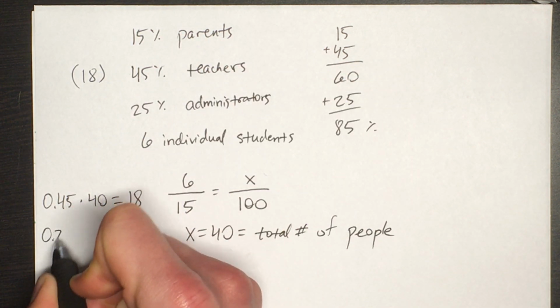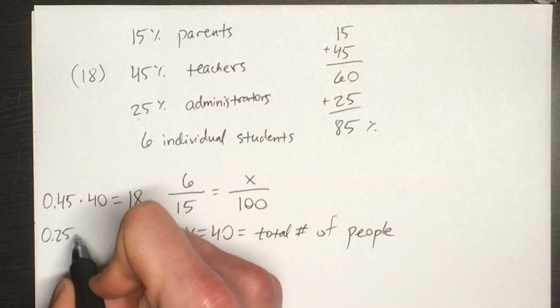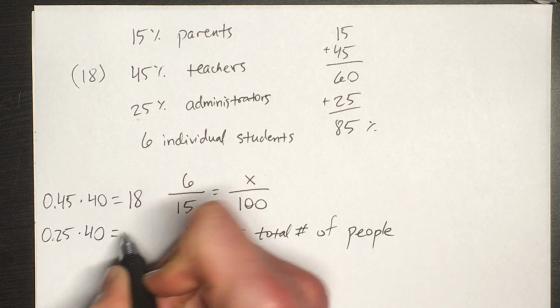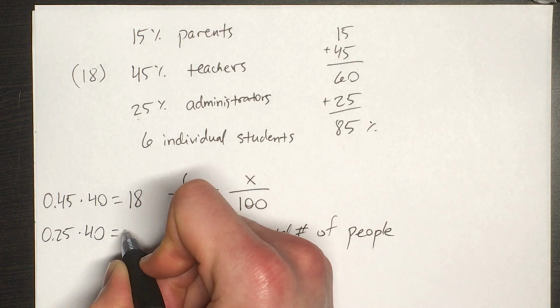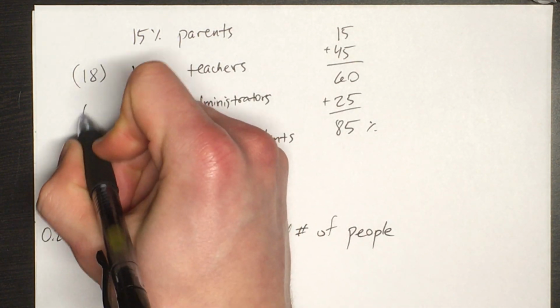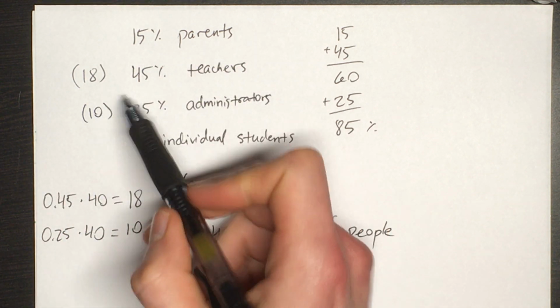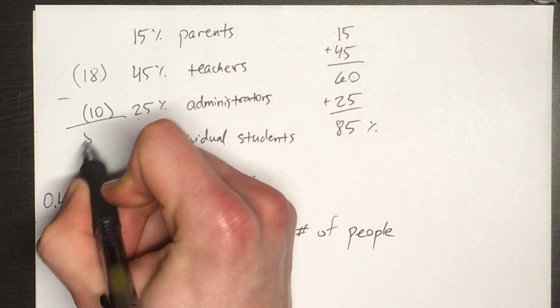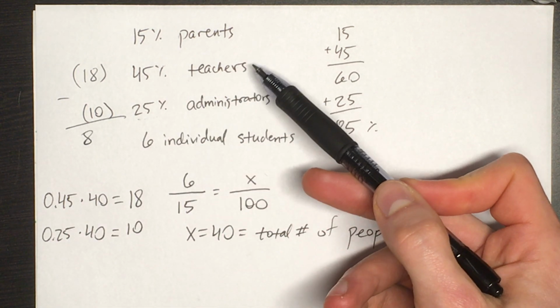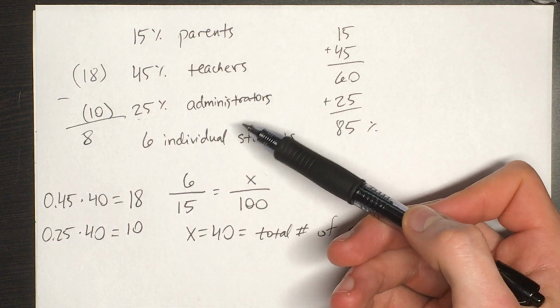And then do 0.25, again as a decimal, times the total number of people. What's 1/4 of 40? Of course, 10. So this is 10 people, and so 18 minus 10, we know the difference is 8. So 8 more teachers than administrators were invited.